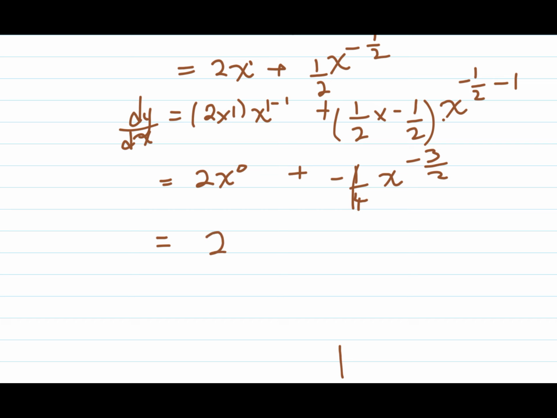The answer is just 2. x to the power 0 we know is 1. Minus, or plus and minus, we'll just make it minus 1 over 4 x to the power negative 3 over 2. And that will be the answer.